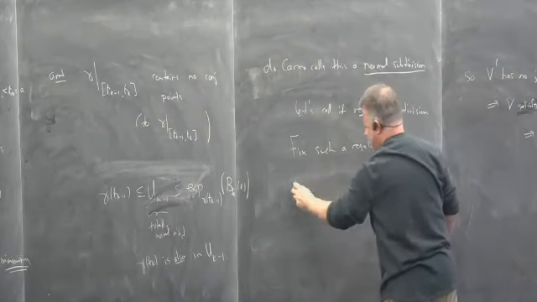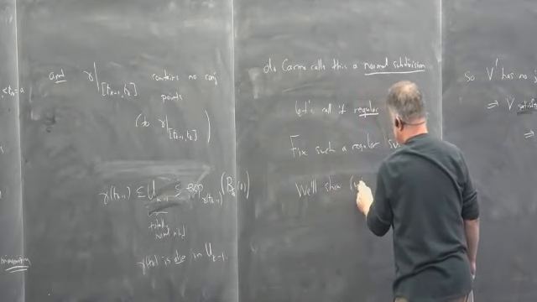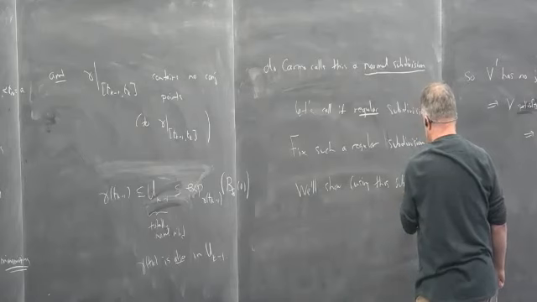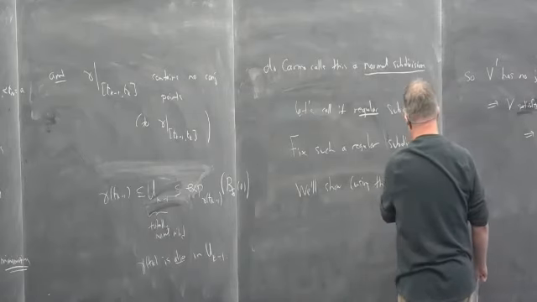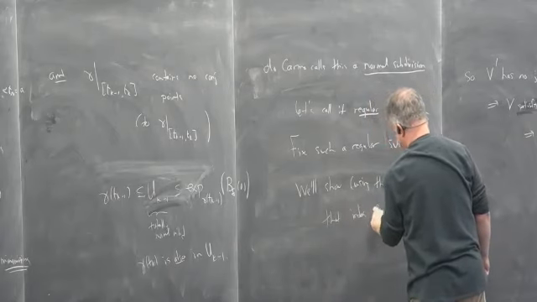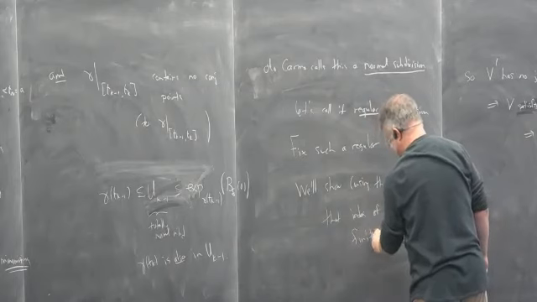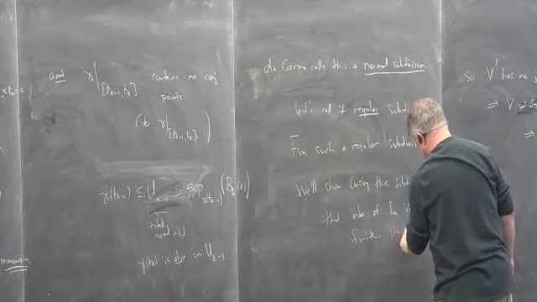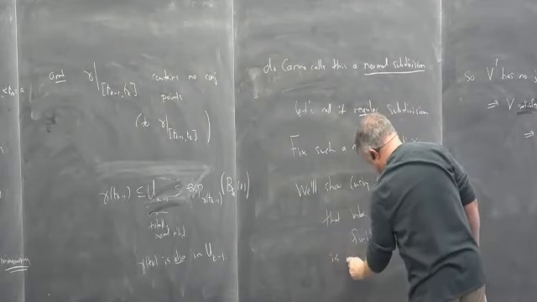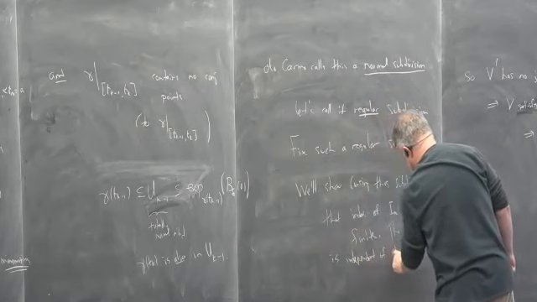Okay, so we'll show, using this subdivision, that the index of IA is finite. And of course, the conclusion is independent of the choice of subdivision.